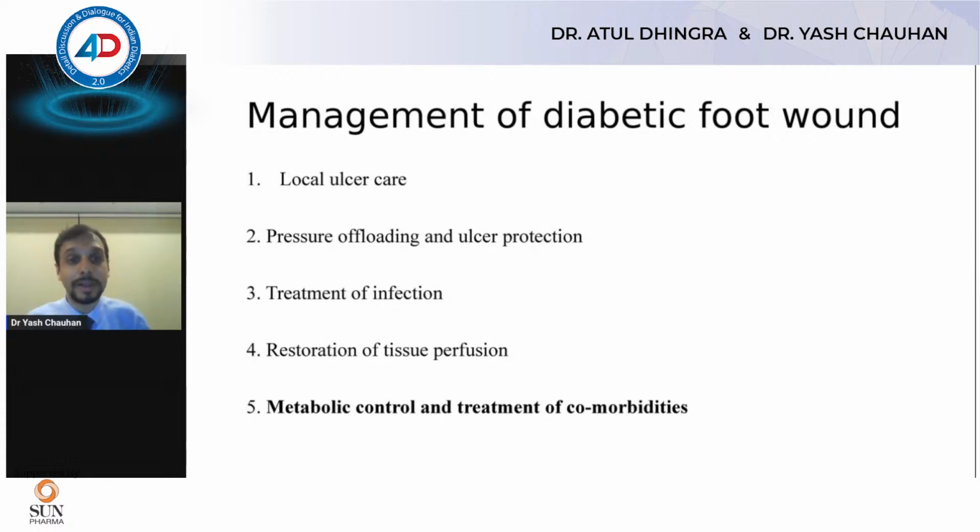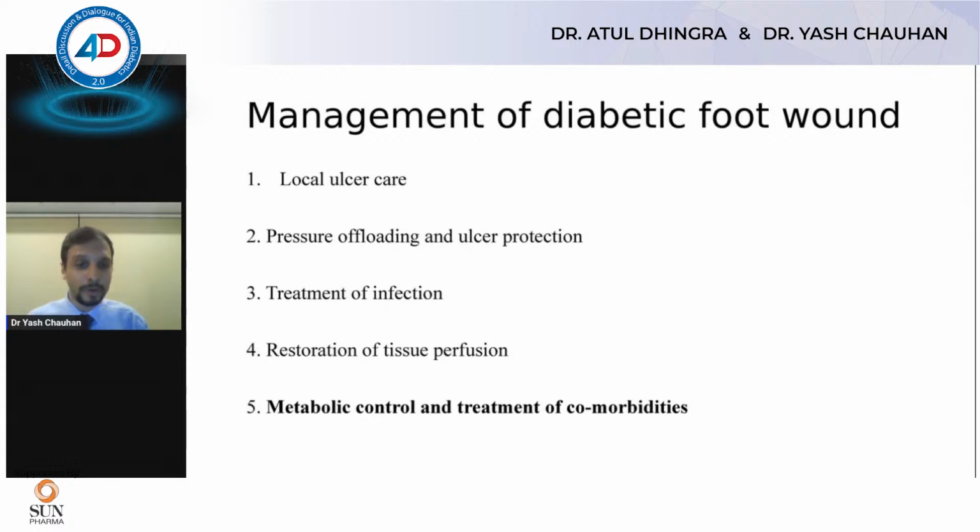For a neuropathic ulcer, one of the cornerstones of treatment is pressure offloading. In the diabetic foot, like I explained before, the entire pressures of the foot are altered, and as long as the patient keeps loading the entire body weight onto that area, a neuropathic ulcer is not going to heal.